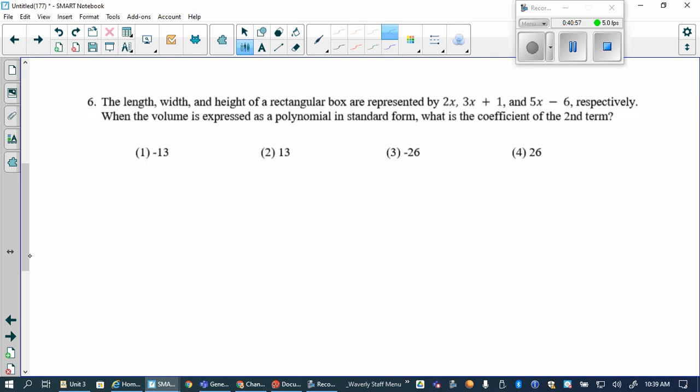About volume of the box. And we talked about it earlier. How do you find the volume of a box or a rectangular prism? Length times width times height. Okay? So there you go. Bring that over.